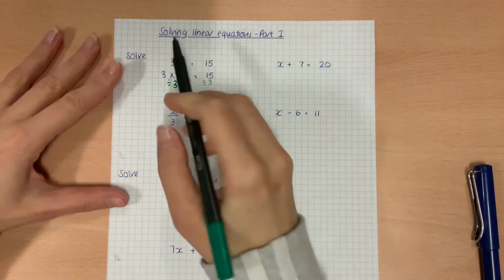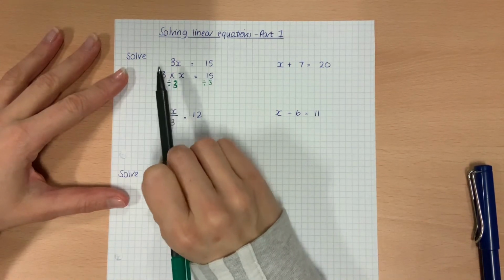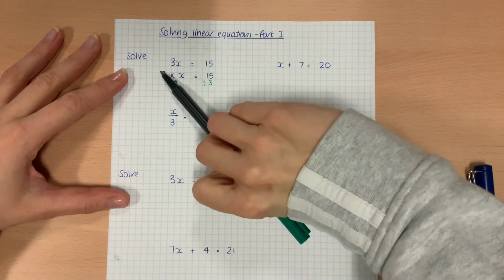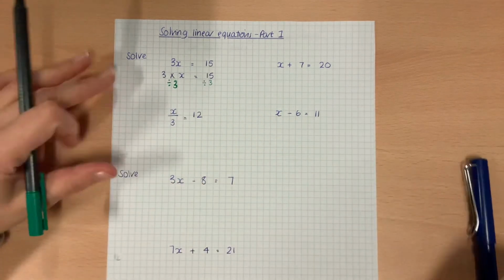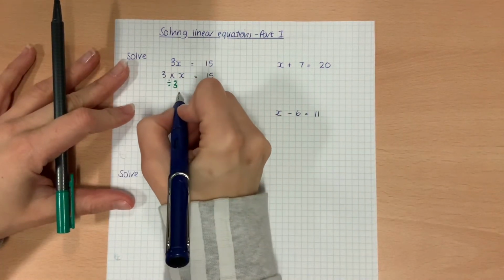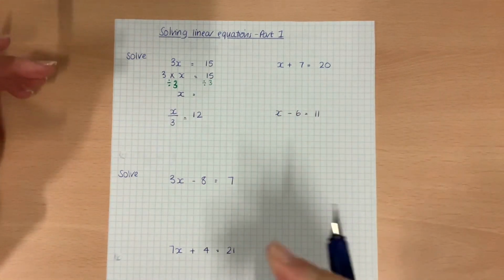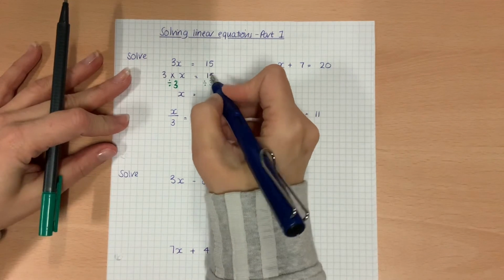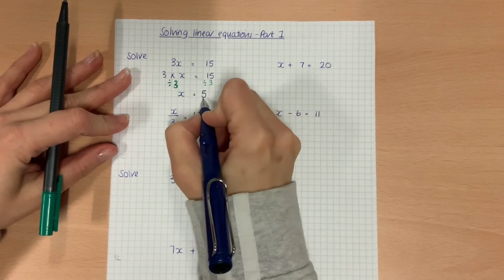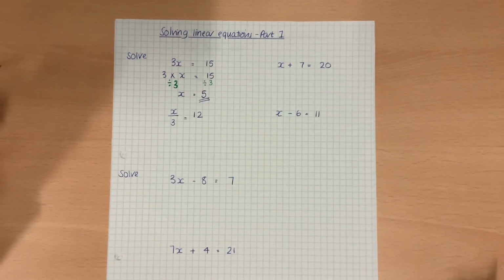If we did 3 divided by 3, that would disappear because it would be 1. So x would be left on its own and it would give us the answer, because we want to work out the value of 1x. And then 15 divided by 3 is our 5, which is what we said the answer would be.